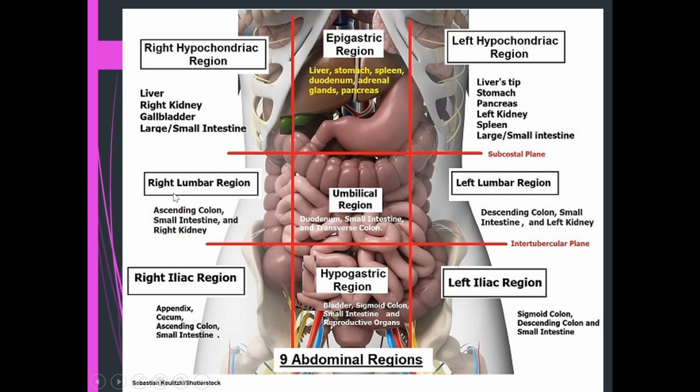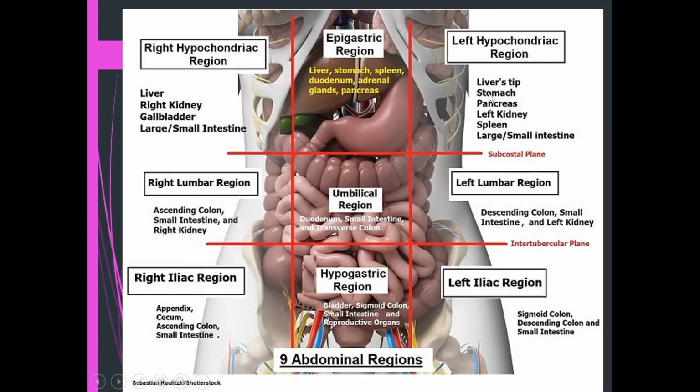At the right lumbar region, there is the ascending colon, part of the small intestine, and the right kidney behind. In the right iliac region, you can find the appendix here, and then the cecum, and then part of the ascending colon and the small intestine partly.